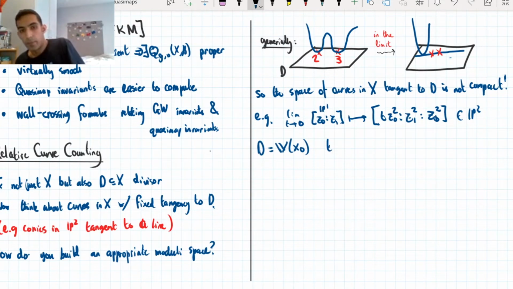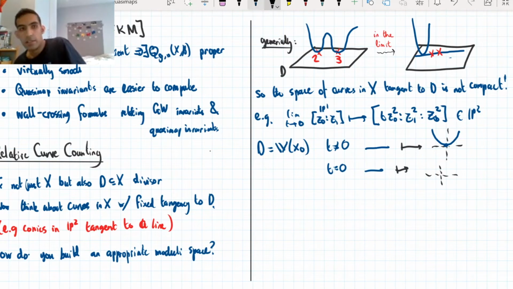So when t is not equal to 0, this just looks like what we saw before, which was a smooth curve mapping into P2, and it had quadratic tangency at the point 0, 1. But when t equals 0, this thing just becomes a degree 2 cover of the line given by x0 equals 0. So at this point, I don't know what tangency is, and so I need to think of something else.